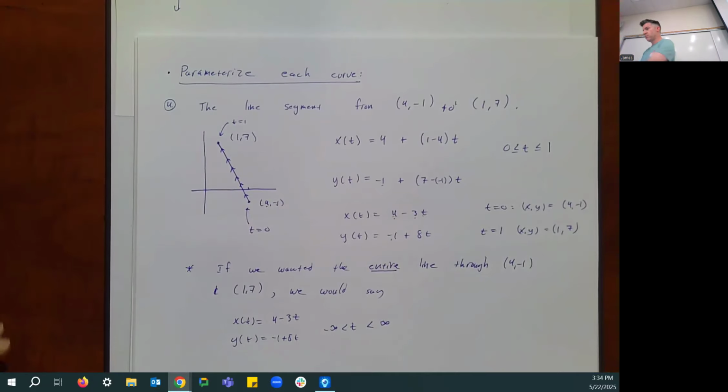So hopefully you all could imagine that I could do exactly the same thing for points in 3 dimensions. I would just have to have a third parameterized function, a z of t.